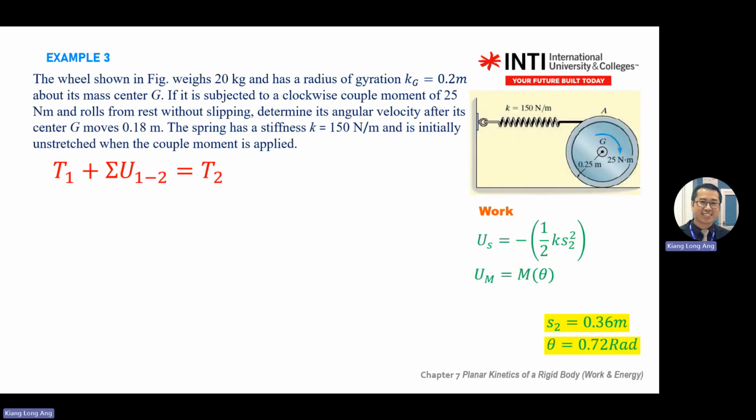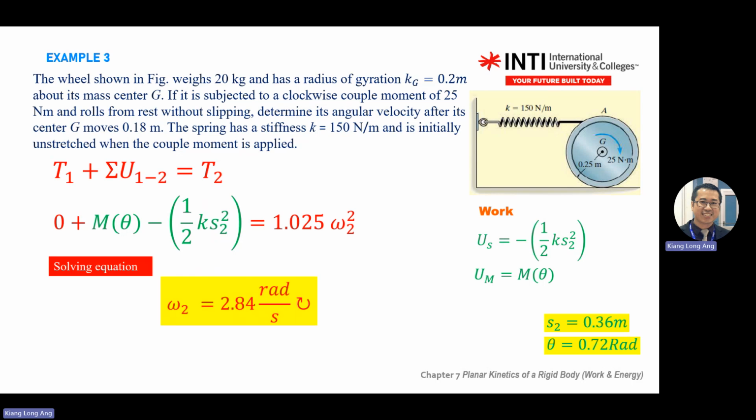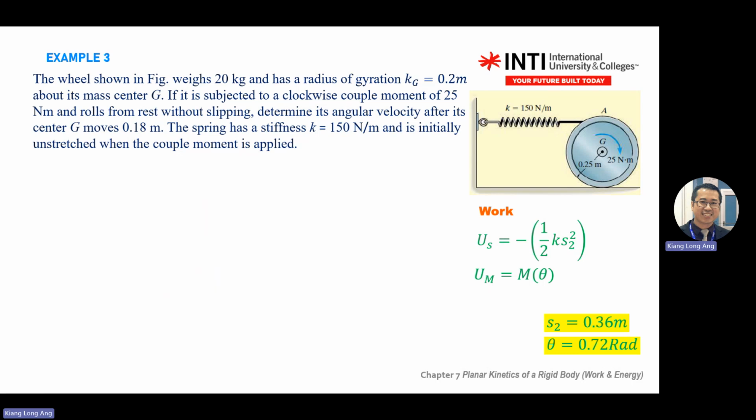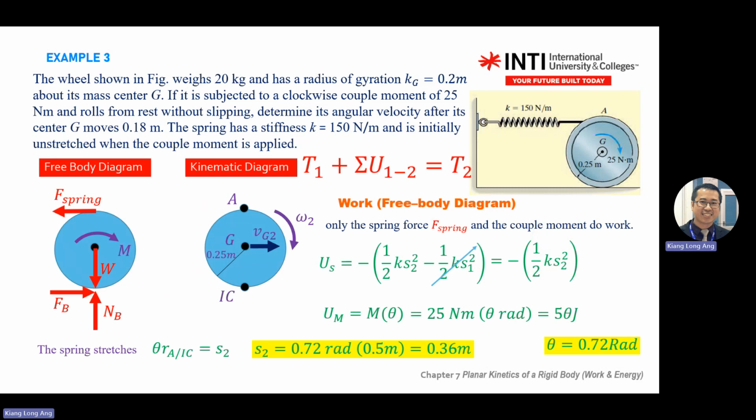Number 3. That's 2. Why is it 0.72 radian times 0.5?